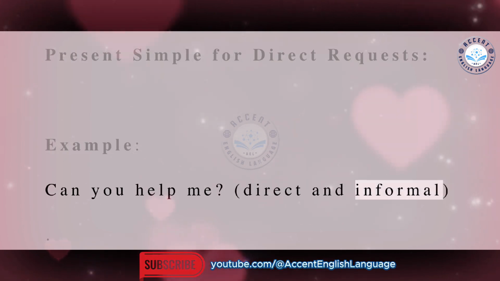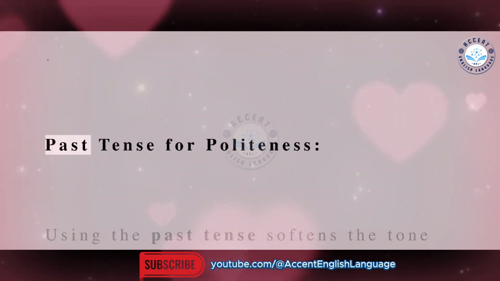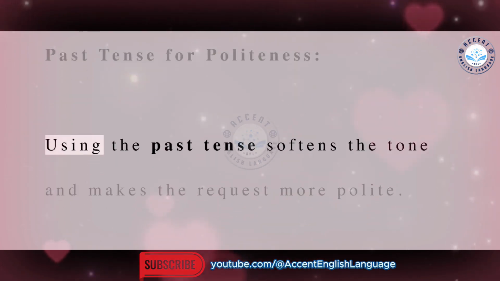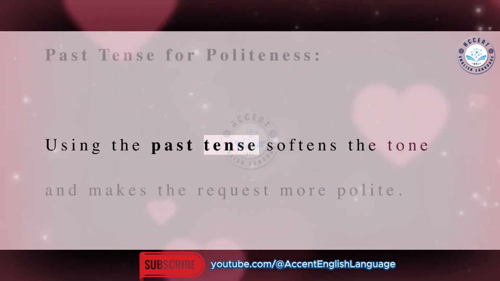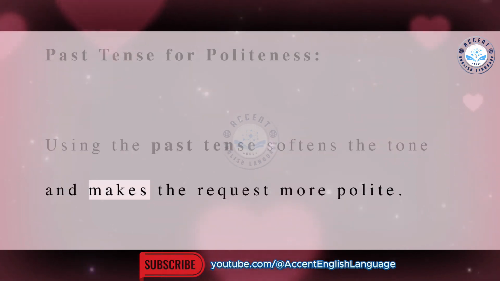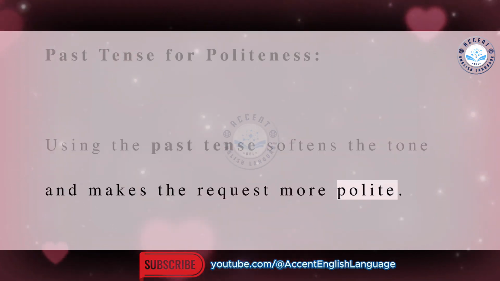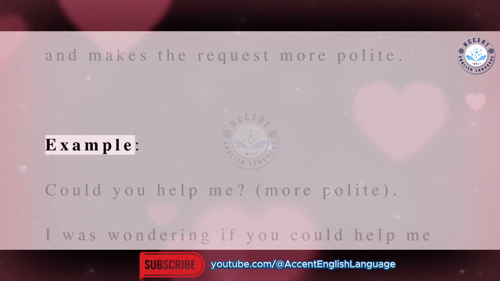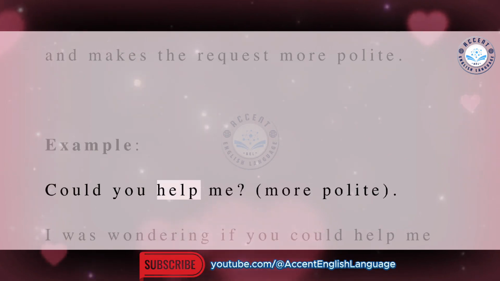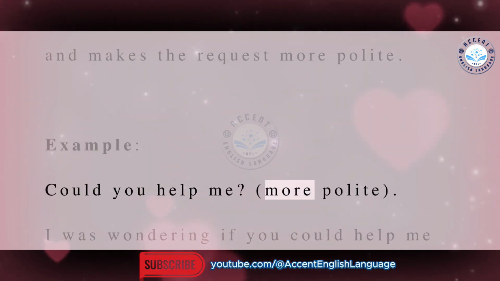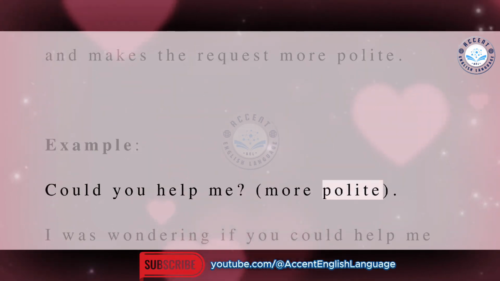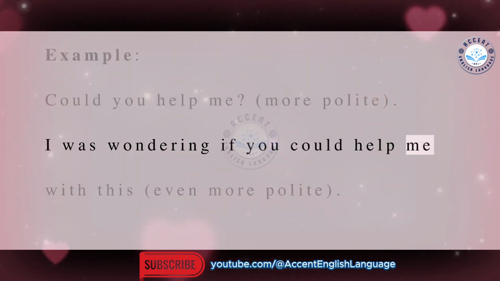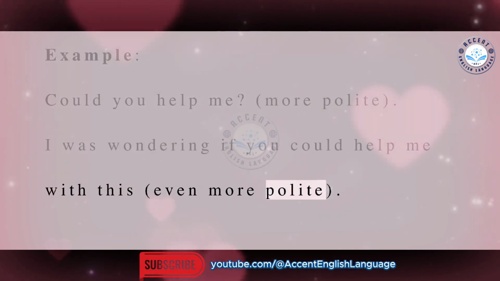Direct and informal. Past tense for politeness. Using the past tense softens the tone and makes the request more polite. Example: Could you help me? More polite. I was wondering if you could help me with this. Even more polite.